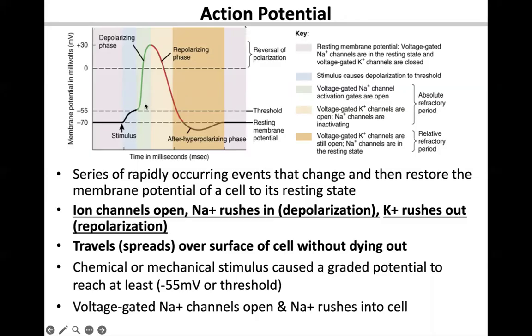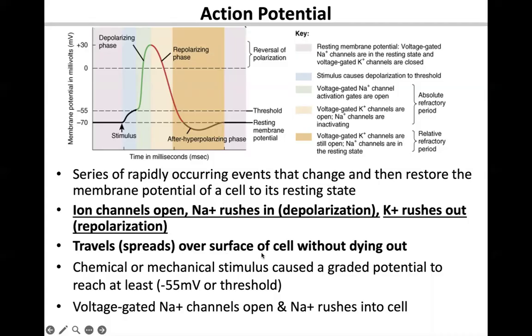If it does go to threshold -55, it will shoot up, which is the depolarization phase, then go to +30, the phase at which it will try to return to its resting phase, goes into repolarization and goes to the resting phase. At certain times, it can lead into the hyperpolarization phase. So it is a series of rapidly occurring events that change and then restore back to the resting state.